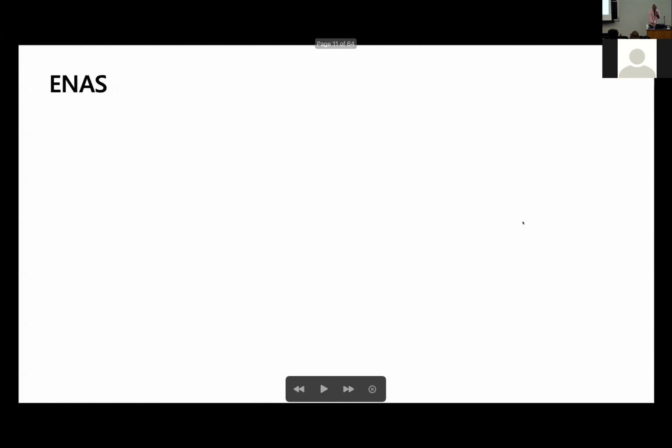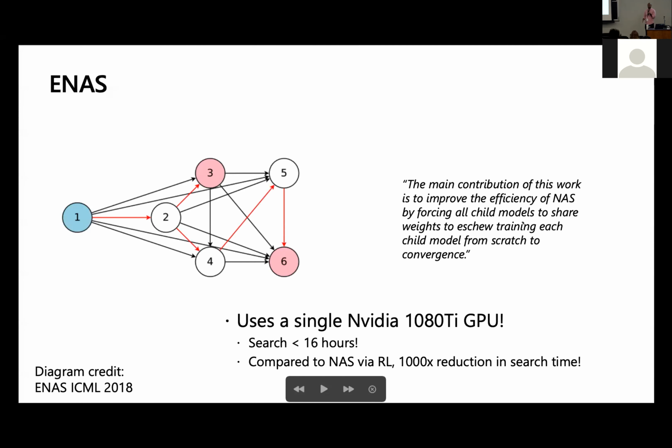And what ENAS did is they introduced this idea of a supergraph, right? And you will hear terms in the literature like supernet, supergraph, mothernet, less often, but this is the main idea: I'm going to take all the architectures in the search space and fuse them into one single large graph. This graph contains all the exponentially many architectures in my search space.